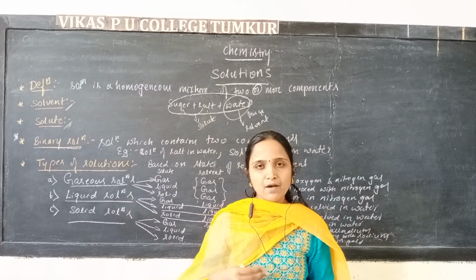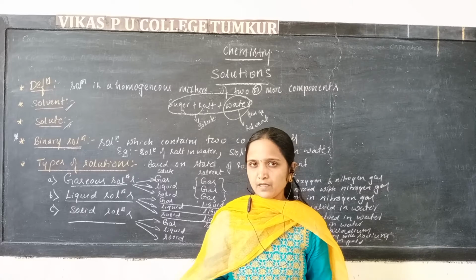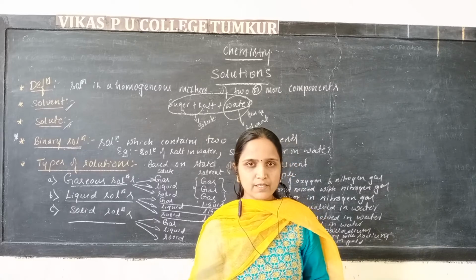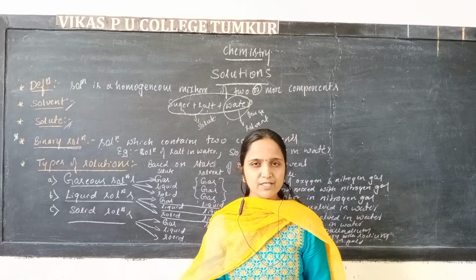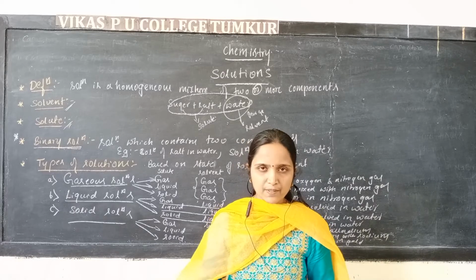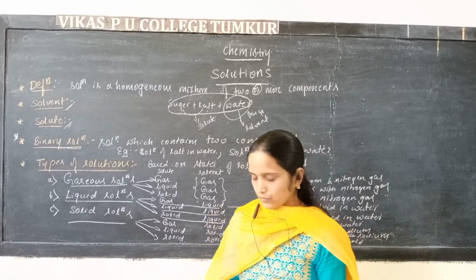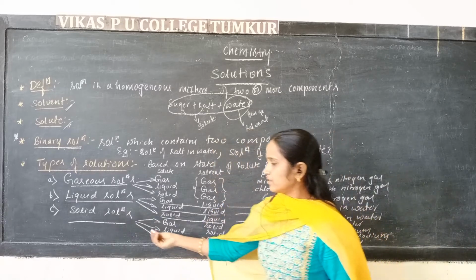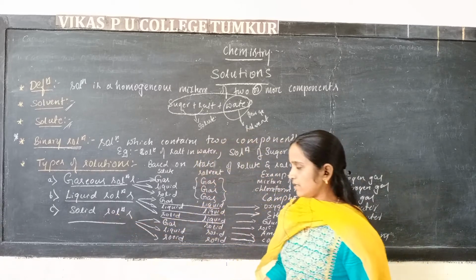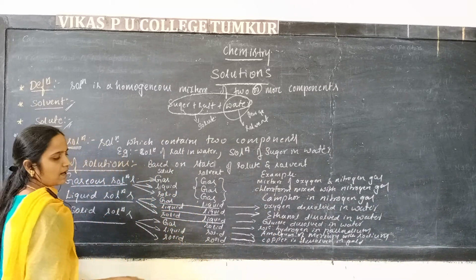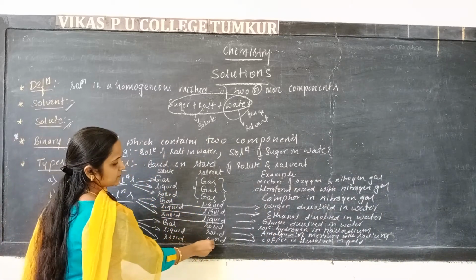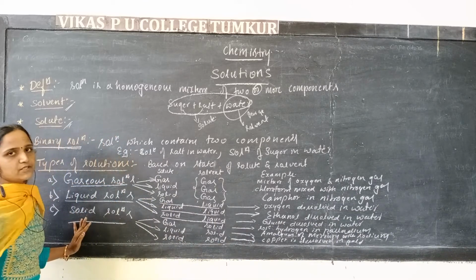When we purchase gold jewelry, they do not use pure gold. In some percentage they add some copper. So that is the solid solution, where both the solute and the solvent are in the solid state.